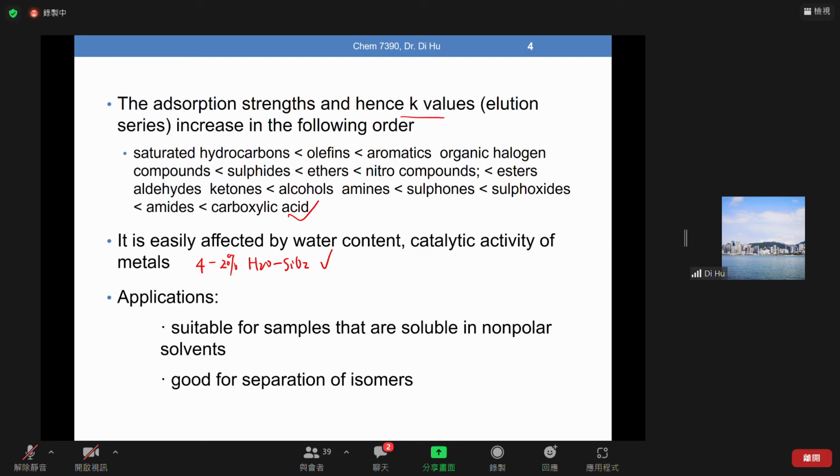The reason is not really clear, but it's mentioned that probably it's because of either the deactivation of the strong sites on the silica particles, which may give very slow desorption rates for some of the active compounds. Or maybe it's because of capillary filling of the very fine pores, because the silica particles are porous particles, okay?